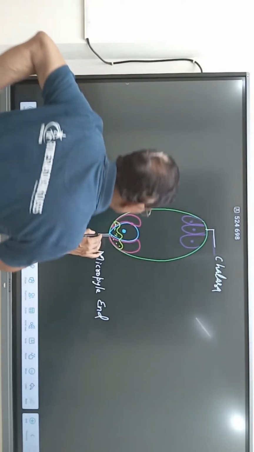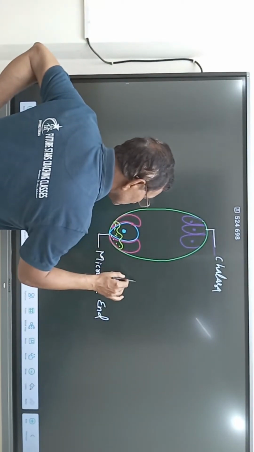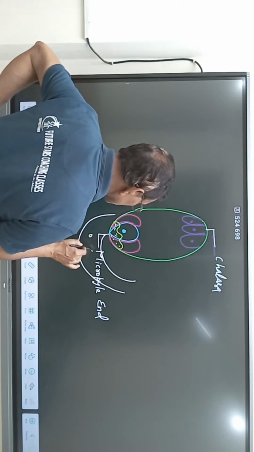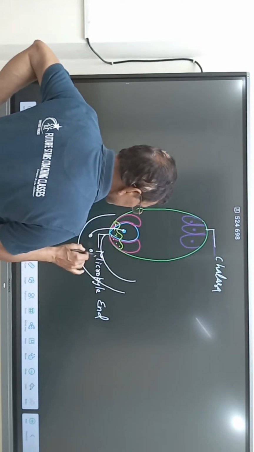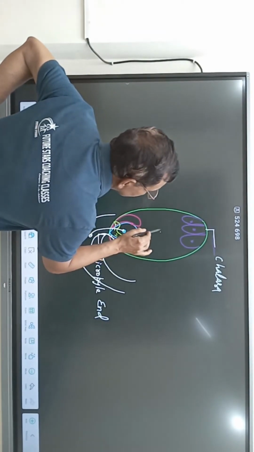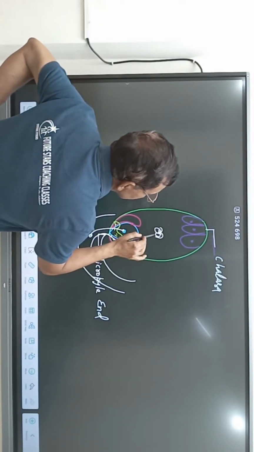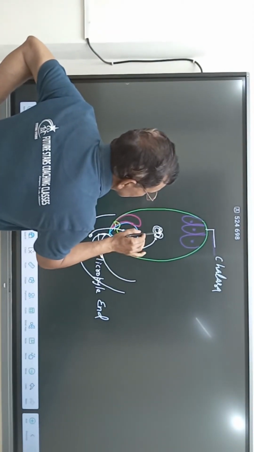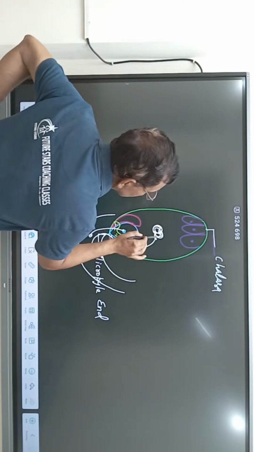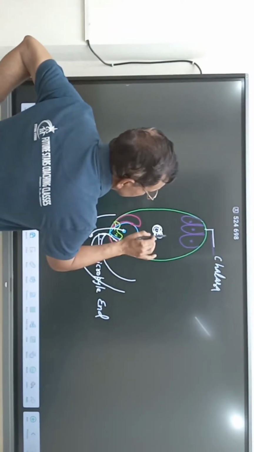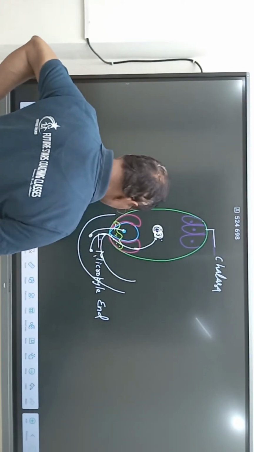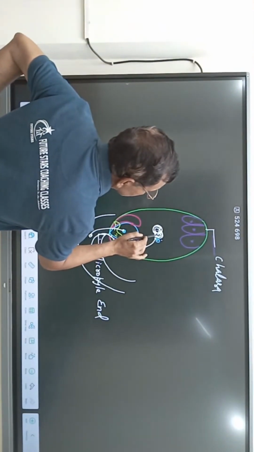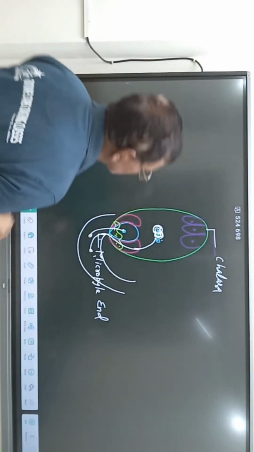So near the micropyle, on pollen germination, the pollen tube brings 2 male gametes, one fuses with the egg and another fuses with the already fused secondary nucleus. Here the fusion is said to be triple fusion, 3 nuclei fusing together.